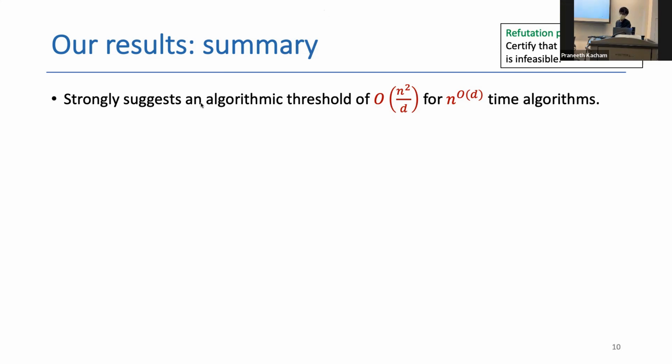Our upper bound is actually Nullstellensatz. Nullstellensatz is strictly weaker than sum of squares and polynomial calculus. I won't explain what the differences are.